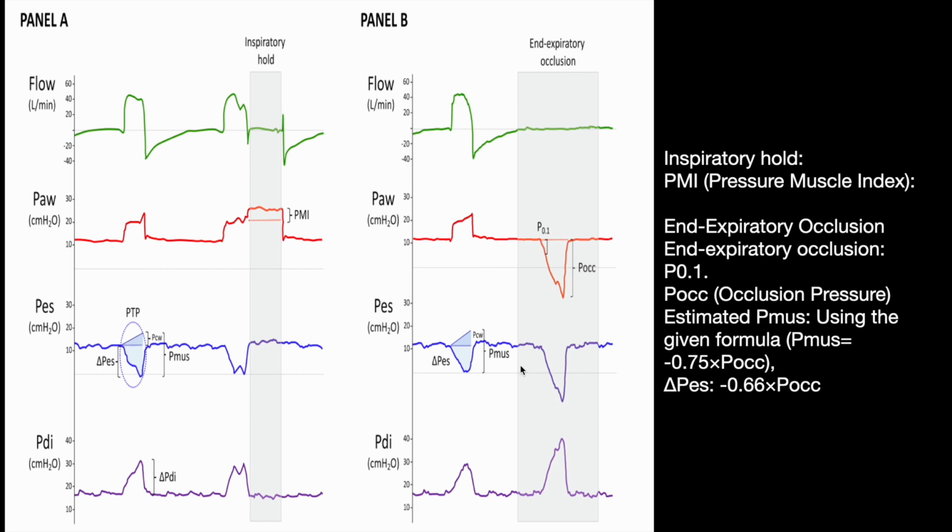So by using all these things, I can see whether the effort is adequate or not, or if the effort is more or not. We need to measure the adequacy when I am trying to wean, and I am trying to see if the effort is more if I am in the early stages of the disease, where I want to reduce that work of breathing and prevent P-SILI. So if the respiratory drive is less or the muscle strength is less, then probably I need more time to wean the patient.